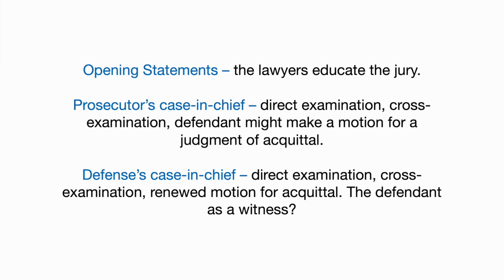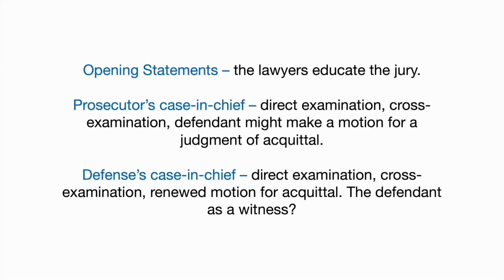In the prosecutor's case in chief, there might be direct examination, cross-examination, asking for the admission of evidence. The defendant, at the end of the prosecutor's case in chief, might make a motion for a judgment of acquittal.